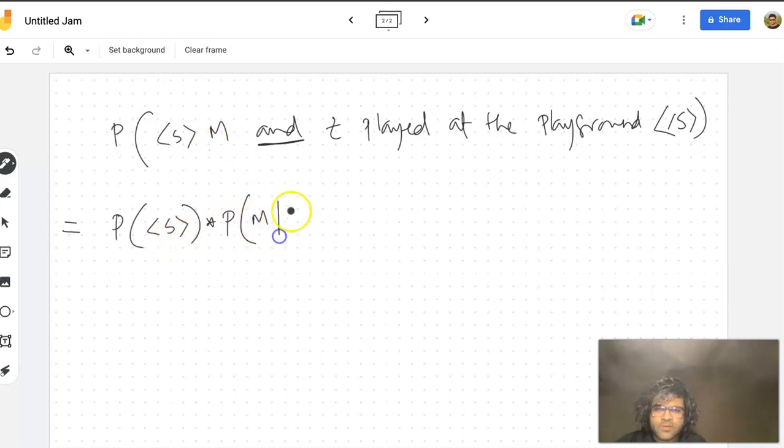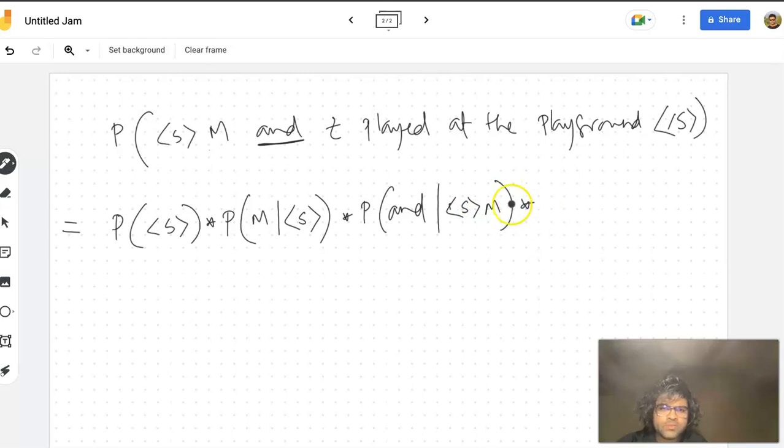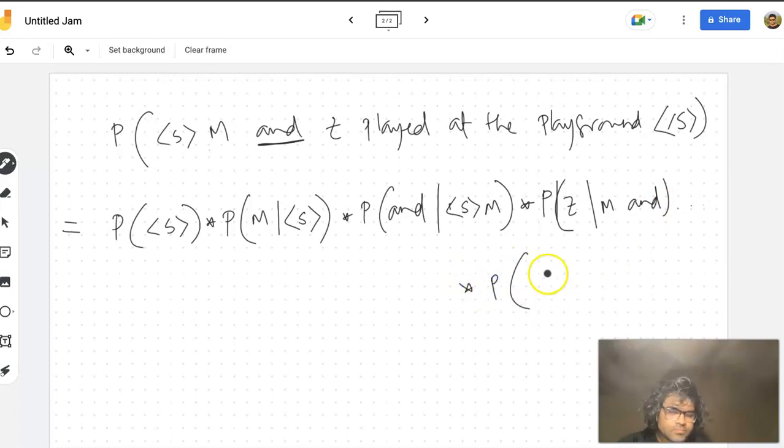Now we can start with the bigram: probability of the next word given M, and just go on. Probability of the next word given M and the previous one, and so on till the last thing: probability of the end tag given the playground.